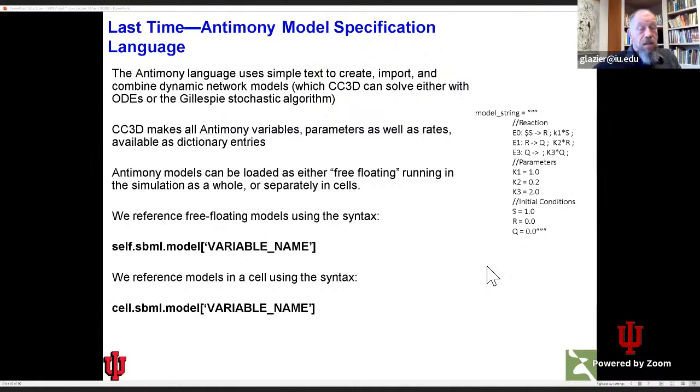It's used by many, many thousands of people and hundreds of different packages as an interchange standard, but it's not really human readable. Well, it's human readable, but it's not much fun to read. It's designed as an interchange language. Actually, SBML is much older than antimony. CompuCell supported SBML before it supported antimony, but it uses the same solvers and interface and APIs. And so you'll see SBML show up when we're talking about antimony.